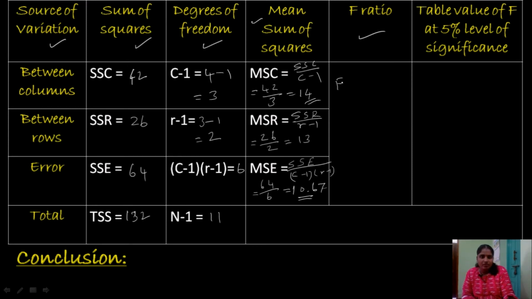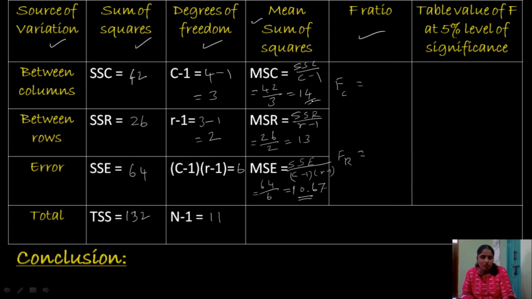So here we have to calculate two ratios, one for column and the other one for row wise. Let me first calculate the F ratio for columns. FC is calculated by taking the ratio of MSC and MSE.